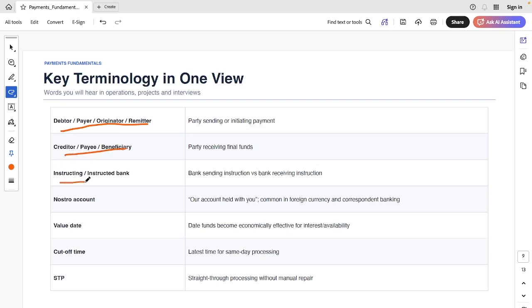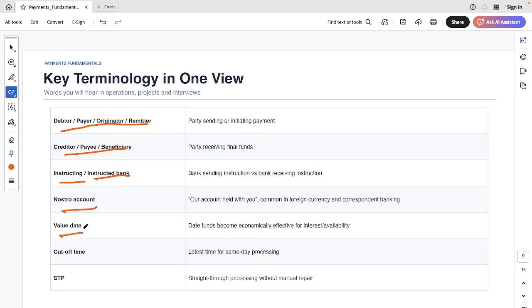Instructing bank means the bank sending the instruction. Instructed bank means the bank receiving the instruction. Then comes nostro account, an important term in correspondent banking. In simple words, it means our account held with you. For example, an Indian bank, SBI, may hold a USD account with a US bank, Bank of America. So SBI will refer to that account as a nostro account with the USA.